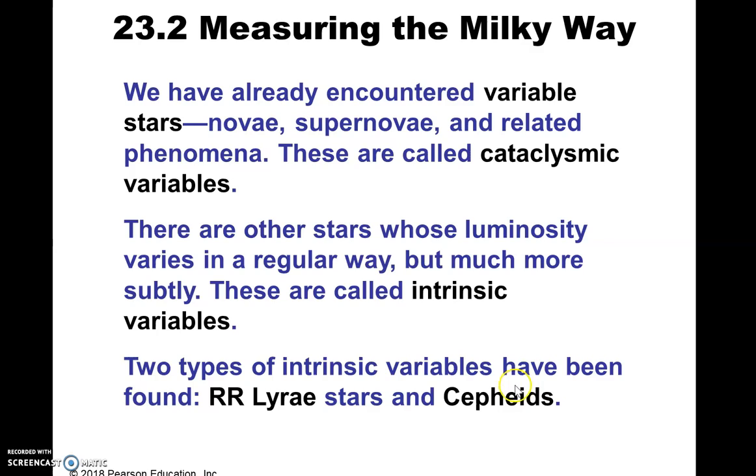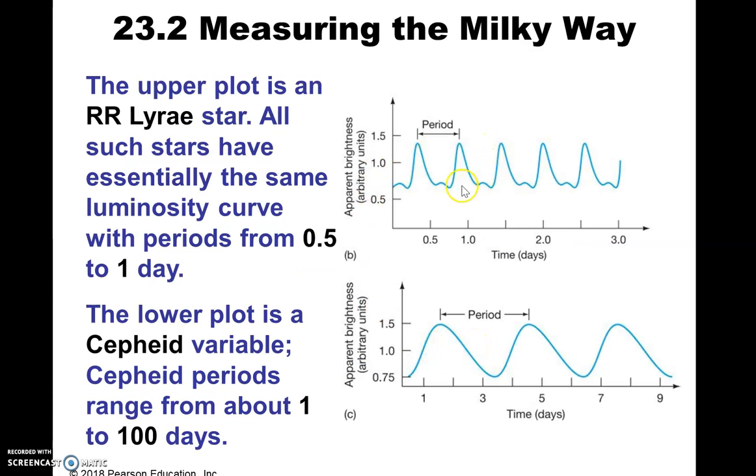There are some exceptions that go as far as 100 days, but a few days is a typical Cepheid. Sometimes, like I said, up to 30, 50 days. There are different ones, basically. All right, so they're showing us the picture.